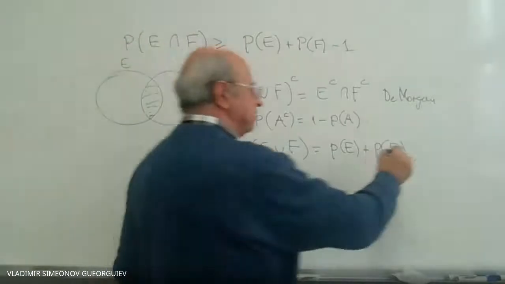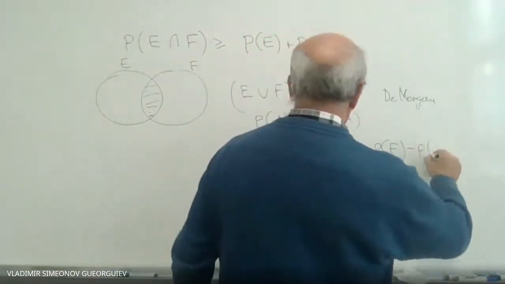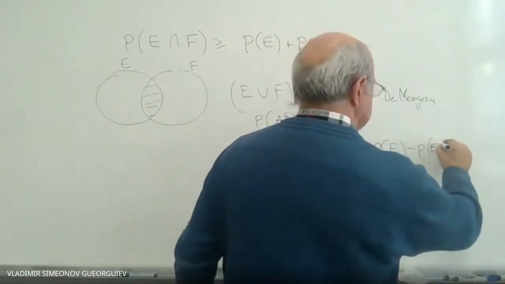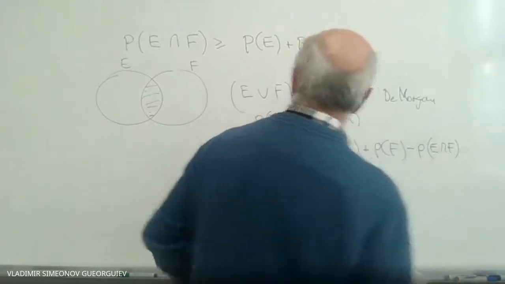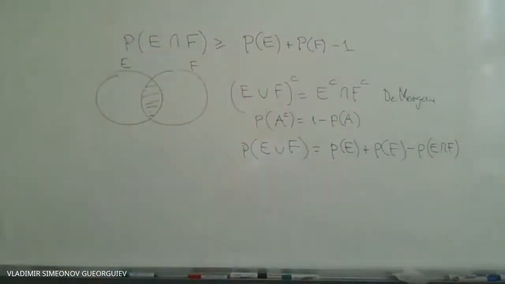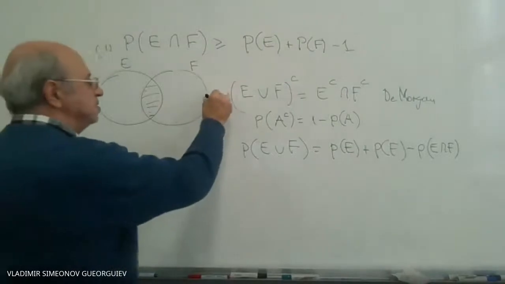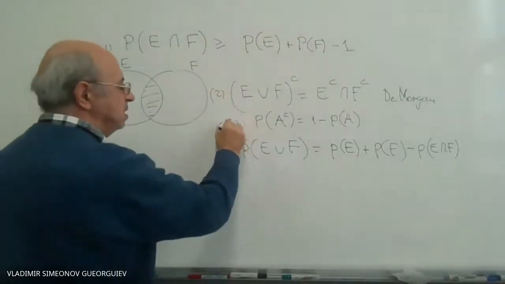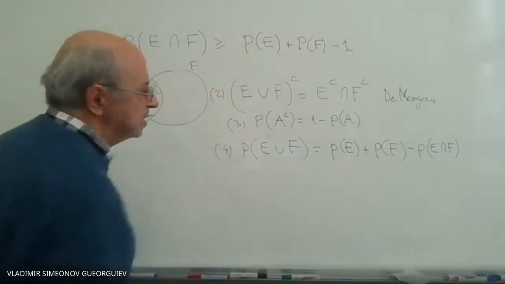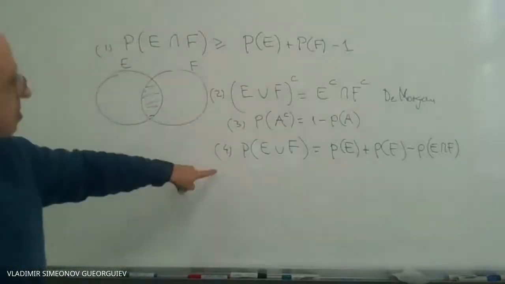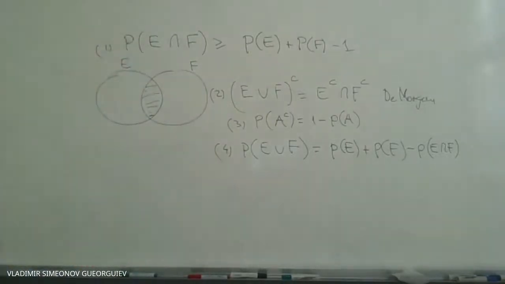So here we have to add minus probability of A intersected with F. And these are three relations that we shall use in order to prove this inequality. Let's call this one 2, this is 3, and this is 4. So we shall say that these three relations imply this one.